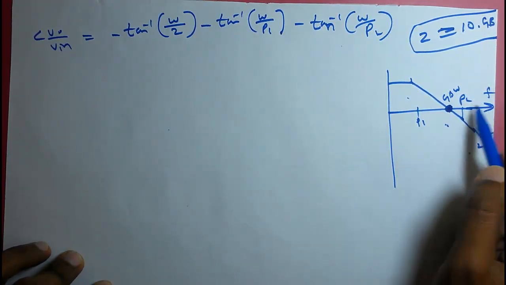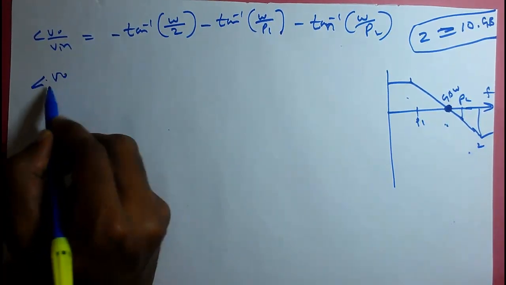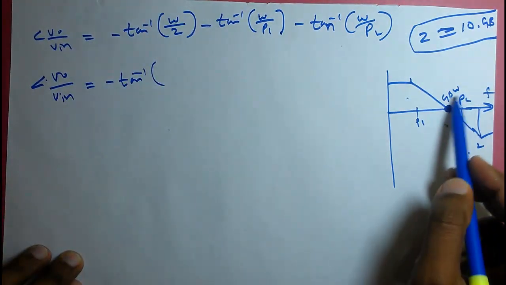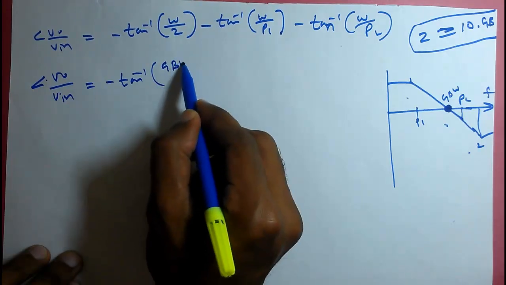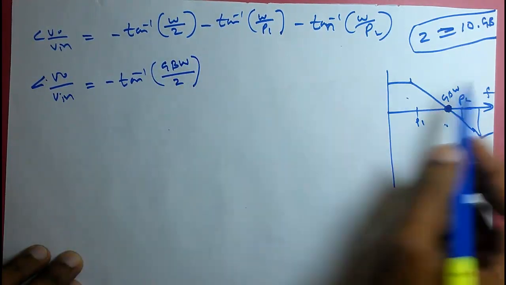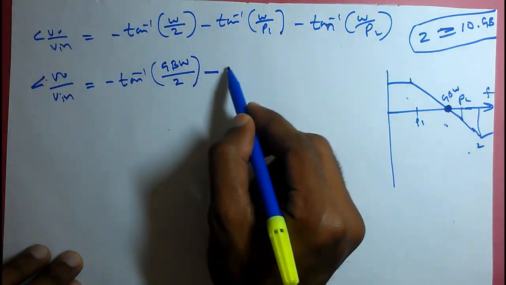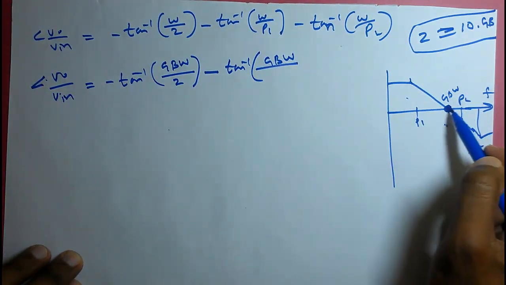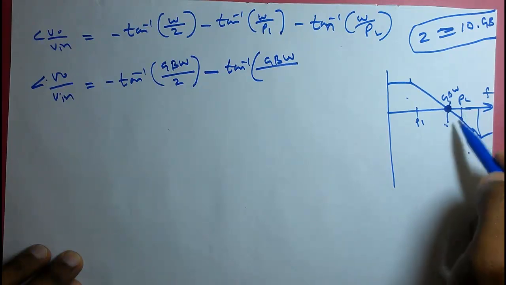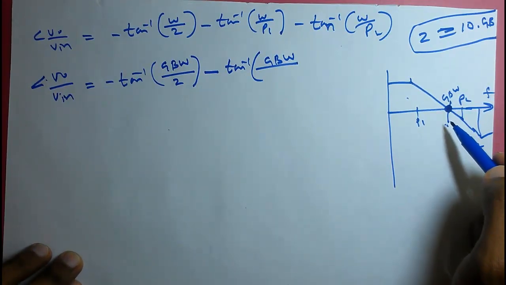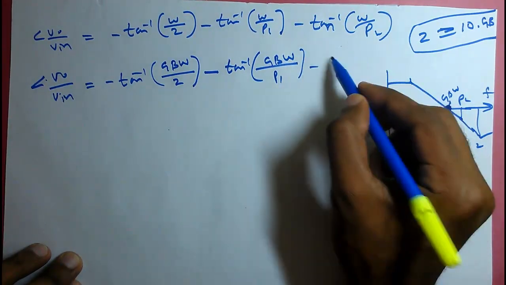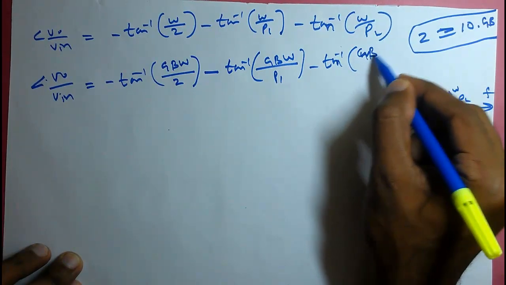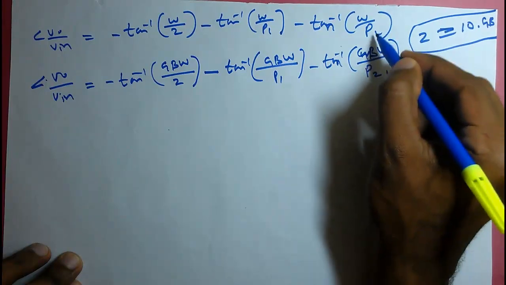So the angle of Vout by Vin equals minus tan inverse of gain bandwidth product divided by Z, the zero, minus tan inverse of gain bandwidth product divided by P1, minus tan inverse of gain bandwidth by P2. This is the frequency where we are calculating the phase margin.